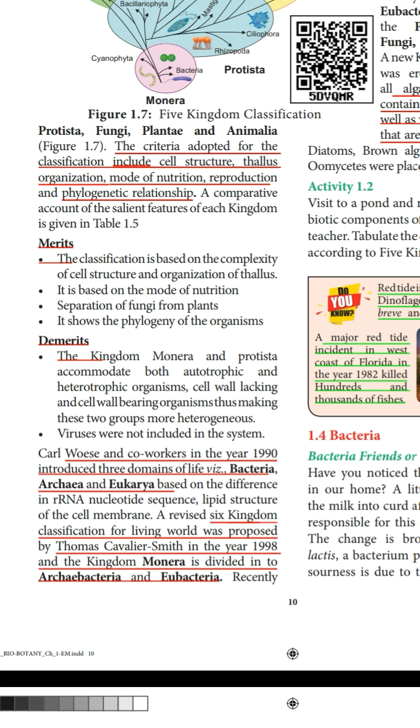So Carl Woese and co-workers in the year 1990 introduced 3 domains of life. Domains are at a higher level than the kingdom. They said all the living organisms can be classified into 3 domains. What are the 3 domains? They are bacteria, archaea and eukarya. So they said the organisms cannot be classified only into kingdoms, we can classify them into domains.